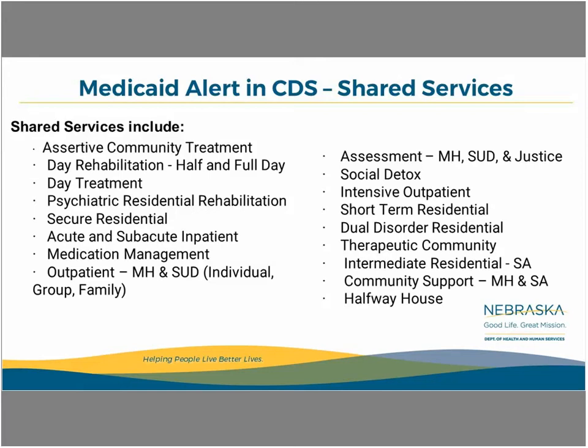Those shared services include ACT, day rehab, day treatment, psych res rehab, secure residential, both acute and subacute inpatient, medication management, outpatient, both on the mental health and substance use side at individual, group, and family dynamics, assessment, social detox, intensive outpatient, short-term residential, dual disorder residential, therapeutic community, intermediate residential for substance use, and also community support, mental health, and substance use, as well as halfway house.